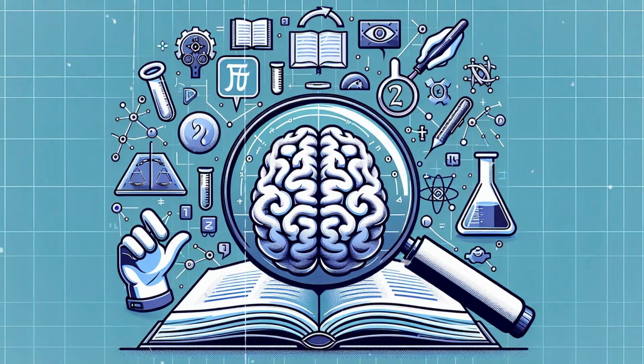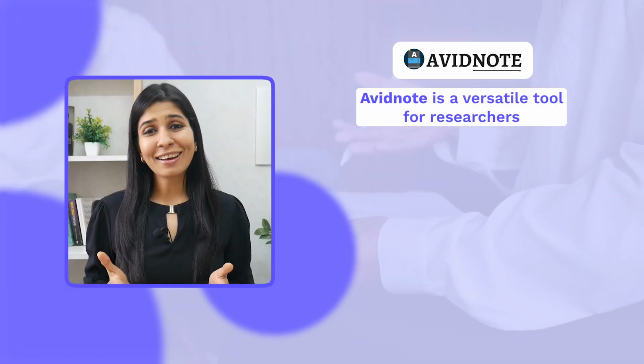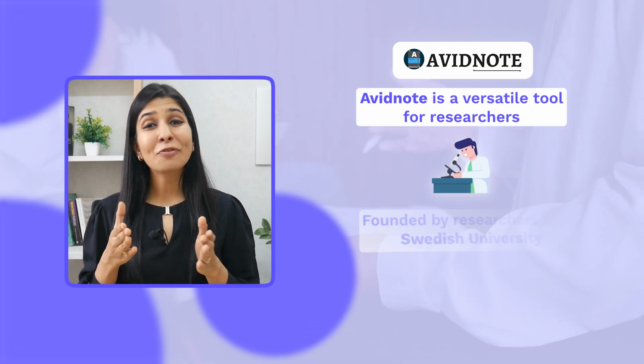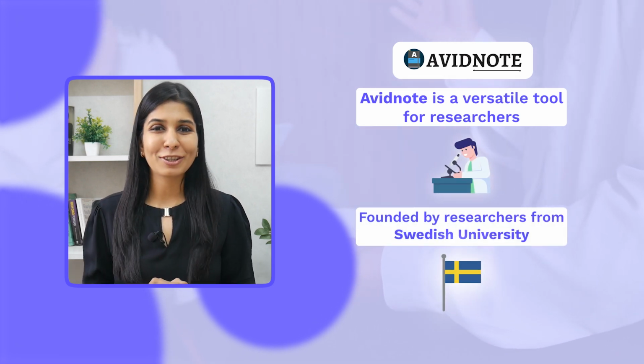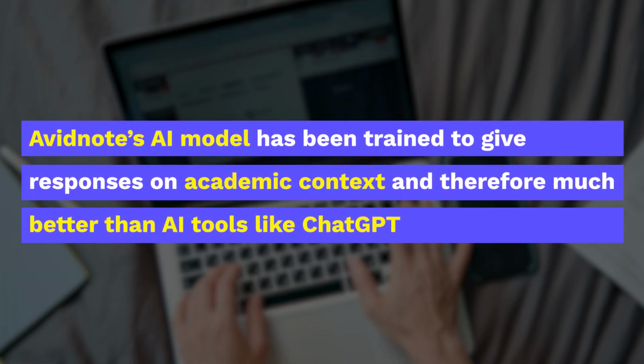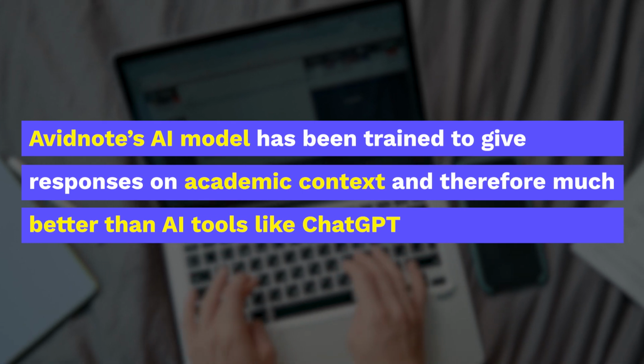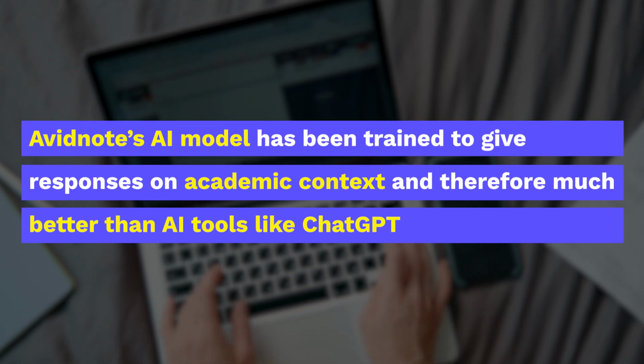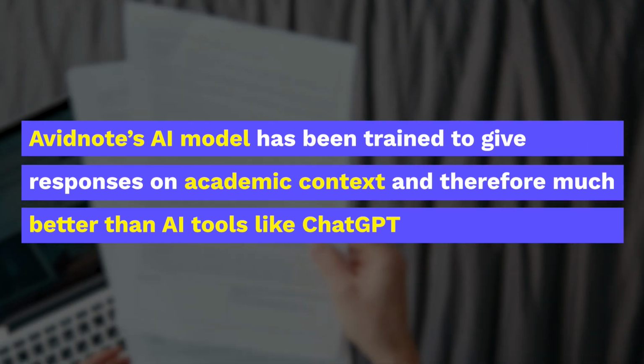And now let's learn about all the amazing features of avidnote and how it can make your research life so much easier. avidnote is a versatile tool for researchers and founded by researchers from Swedish University. The AI model has been trained to give responses on academic context and therefore much better than AI tools like ChatGPT.